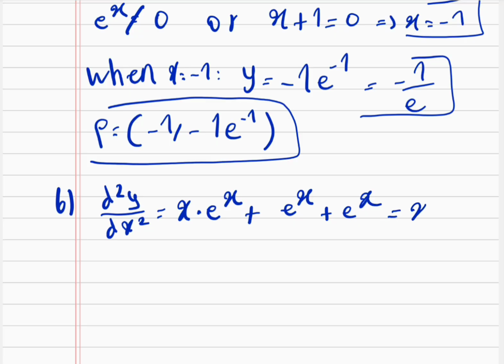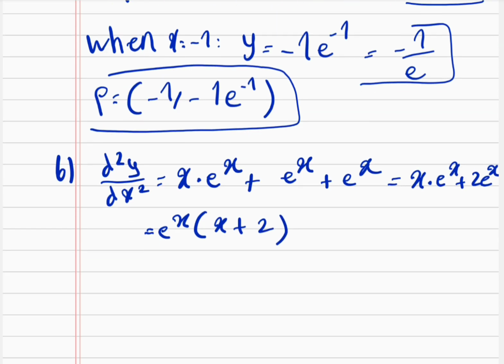And we can simplify this and then factorize: x times e to the x plus 2e to the x. Then we can take a factor of e to the x, which is going to be (x plus 2). And in order to find the points of inflection, we need to set this equal to 0.